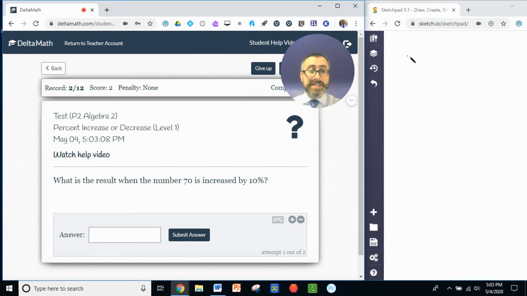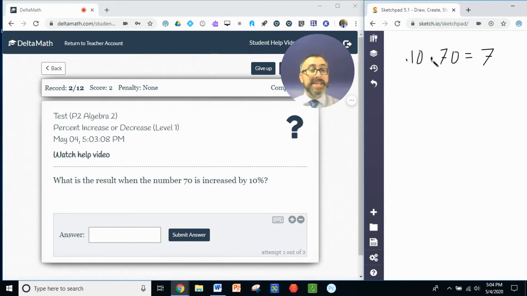Well, I can use those basic percent skills. 10% could be rewritten as 0.10, and if I multiply that by 70, I'll get just 7. And that's a shortcut that I hope many of you know. 10% of any number is just moving the decimal one space to the left.